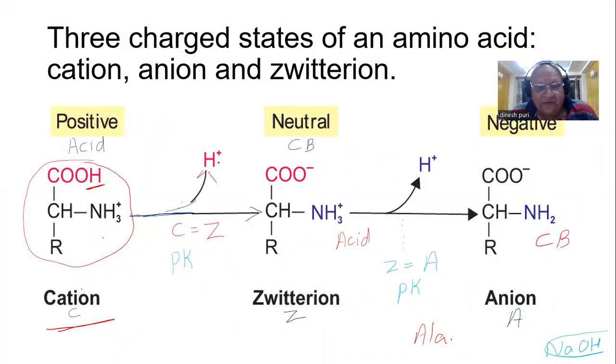Now the Zwitter ion, you can see, is the neutral form. Further titration with NaOH, further increase in the pH, will give rise to the anionic form. So these are the three charge states of an amino acid we had seen earlier. Now we are going to examine this from a different perspective.